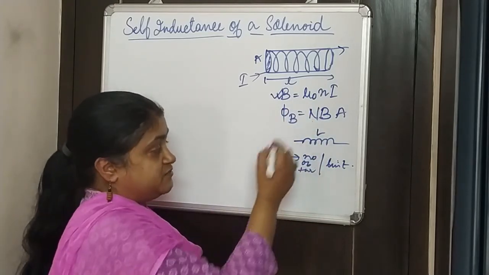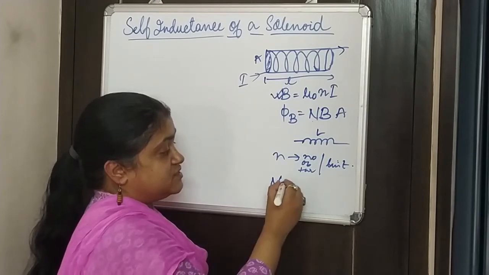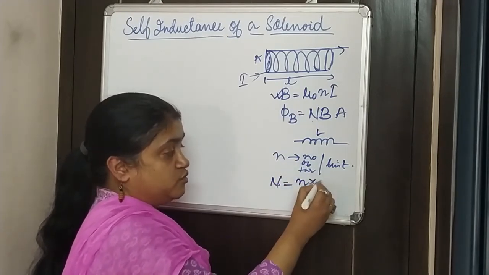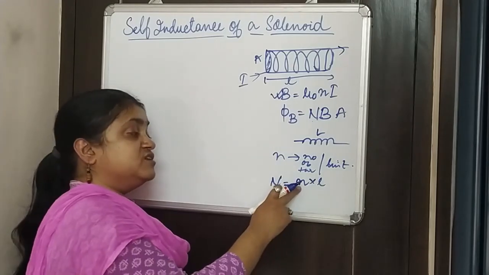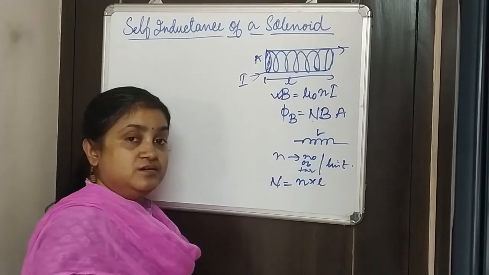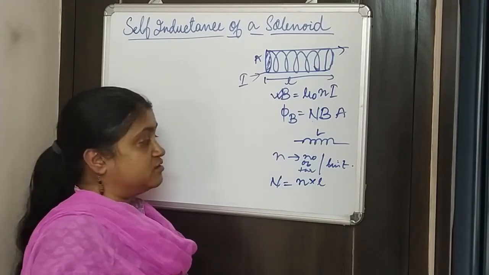Now as we know, the total number of turns is equal to the number of turns per unit length times the length. So the number of turns per unit length times the total length gives me the total number of turns.